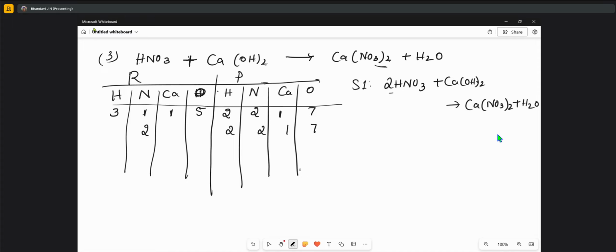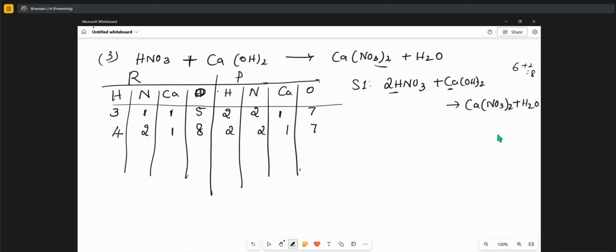Hydrogen is 2 here, 2 plus 2, so it is 4. And calcium only 1. What about oxygen? 2 into 3 is 6, and 2 here, so it is 8.